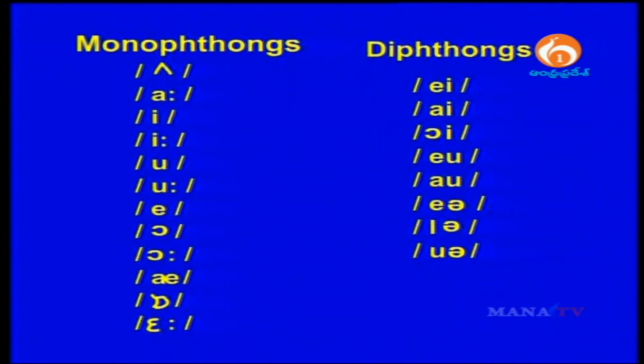This gives you a list of vowel sounds in English. 20 of them, 12 of them which are known as monophthongs, that is single sound, and 8 of them known as diphthongs, as it's a combination sound. It's a combination of two different vowel sounds, which is of course just a single sound, and hence they are known as diphthongs.